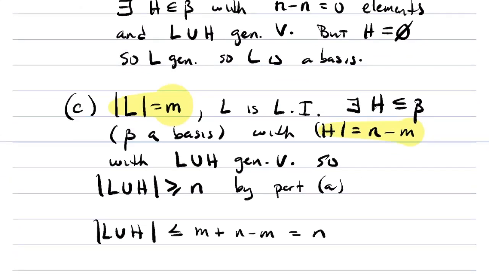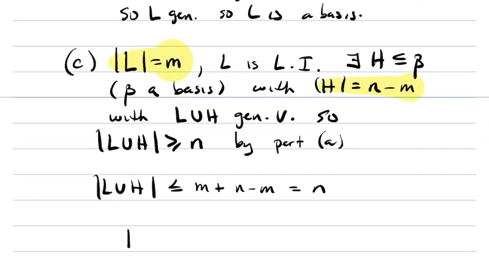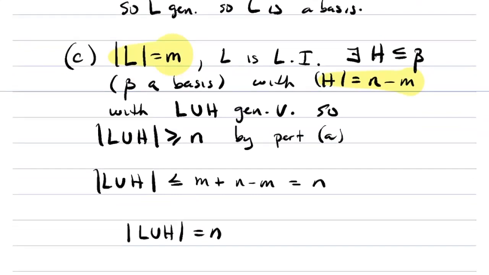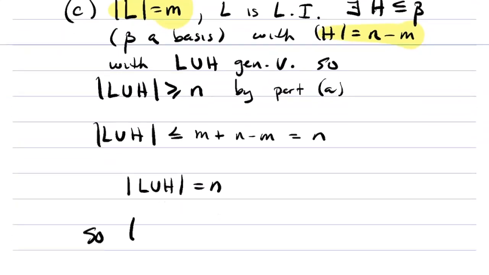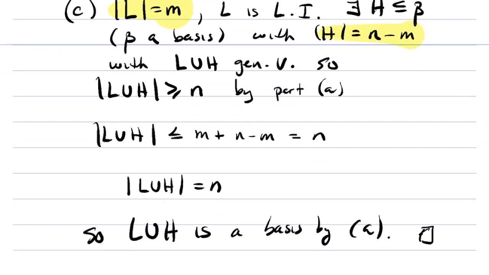So if those two inequalities are both true, that union L union H must equal n in size. But if you have a spanning set with n elements in it, then again by part A, L union H is a basis. All right, so that's what we were trying to show. We extended L to a basis. Okay, I'm going to stop it there. Thanks for listening.